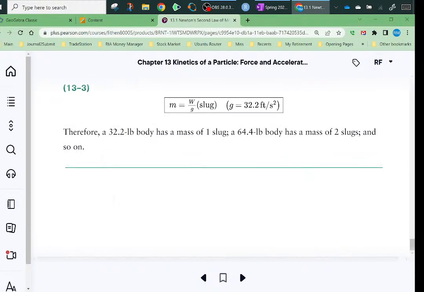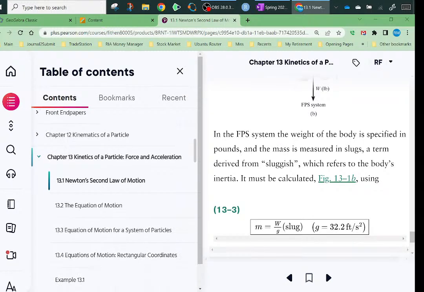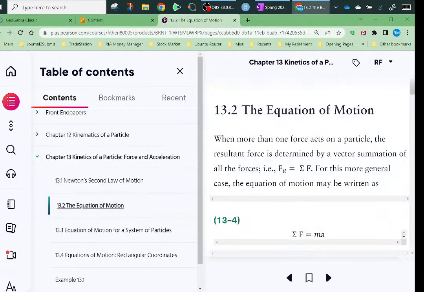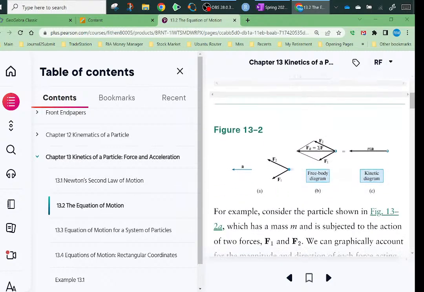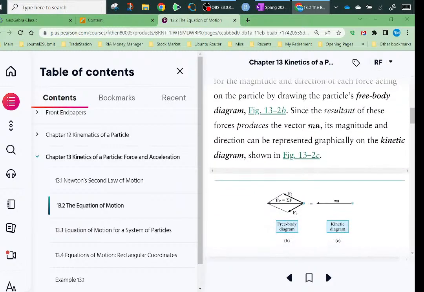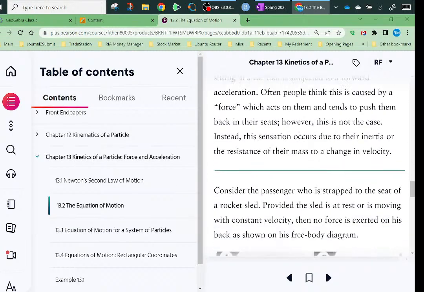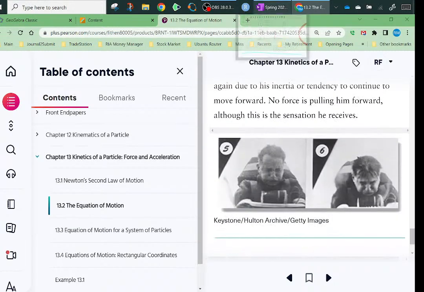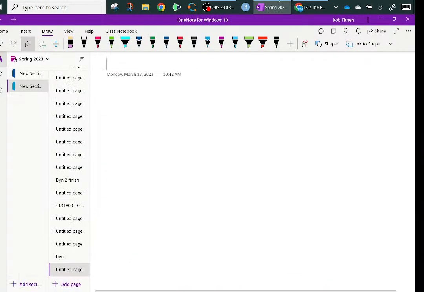So then you got the equations of motion, which I thought I touched on, which maybe I didn't, which are nothing more than statics with the term on the right. And that's all it is. So you do the free body diagram, then you have acceleration. And so let me just throw down an example so you can kind of see what I'm talking about. It's incredibly easy, per se.